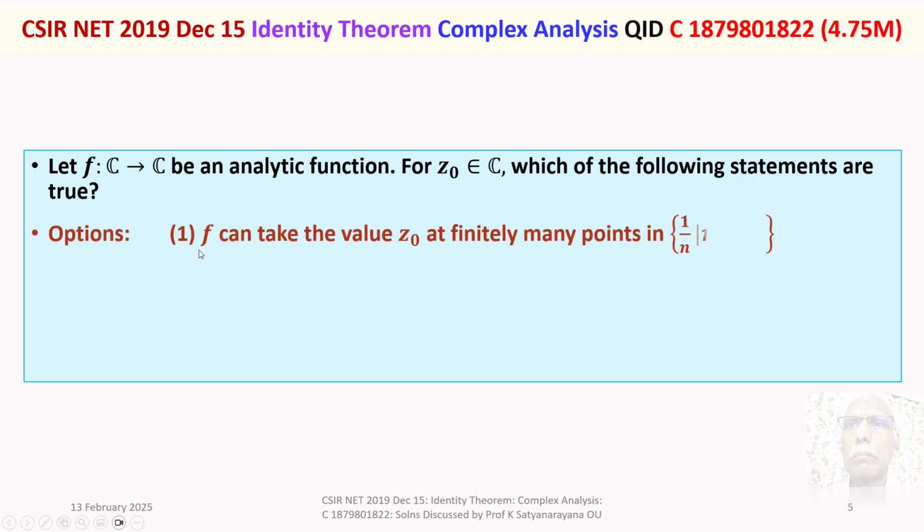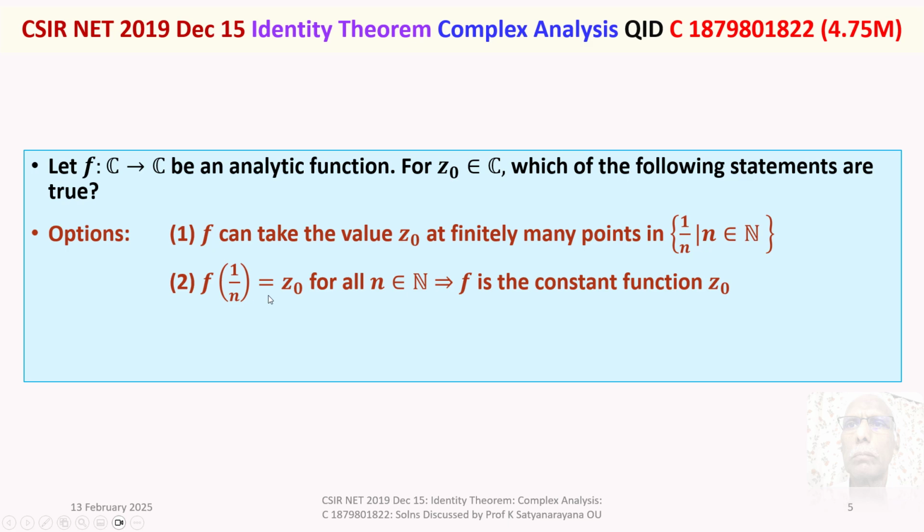Option 1, f can take the value z0 at finitely many points in 1/n, where n belongs to N, the set of natural numbers. Option 2, f of 1/n is equal to z0 for all n belongs to N. This implies f is the constant function z0.